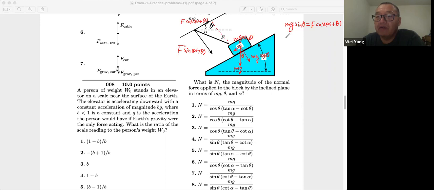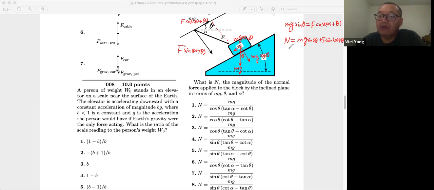For the vertical, we get N equals mg cosine theta plus F times sine alpha plus theta.